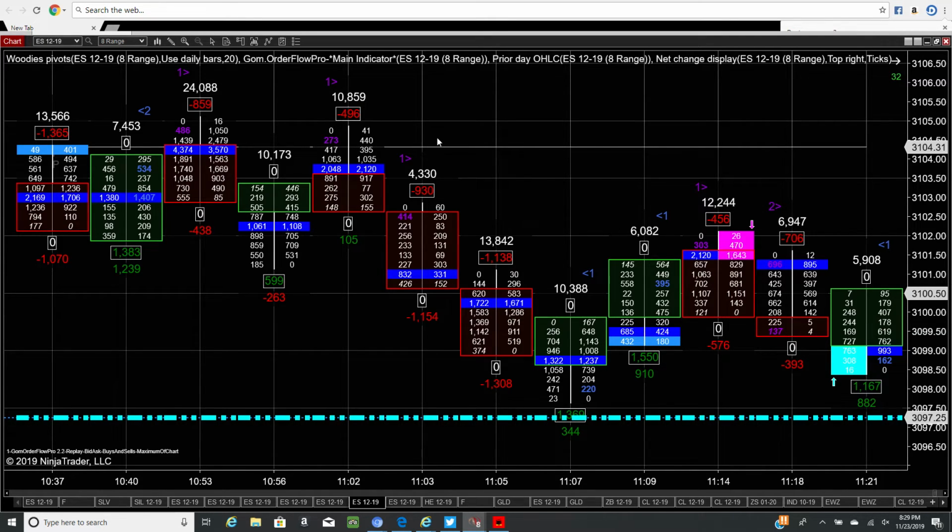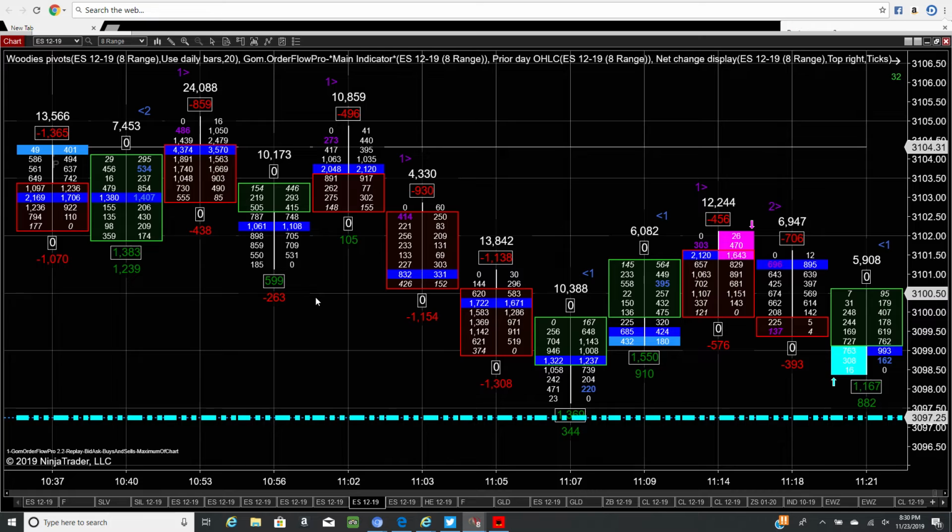And we'll get into some other stuff that's, I don't want to say it's a little more complicated, but I want to leave you with this. When you look at these candles and you see all these numbers on the bid side, all these numbers on the offer side, don't worry about it.